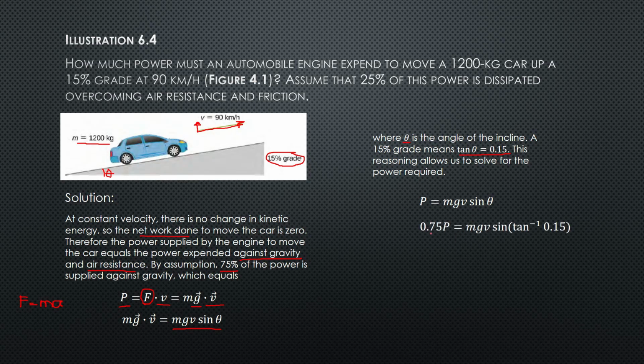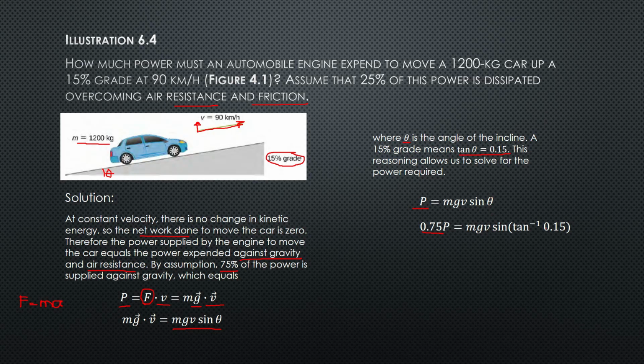Substituting the given values, the power used by the engine is 75%. Okay, 25% is used to overcome air resistance and friction. So 75% is the power supplied against gravity, equal to mass, acceleration due to gravity, velocity, sine theta.